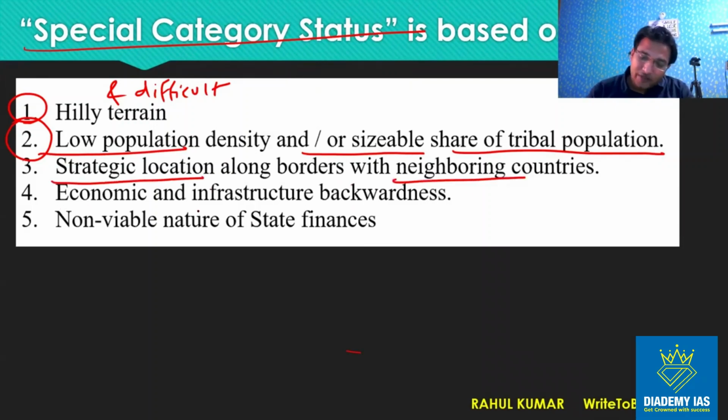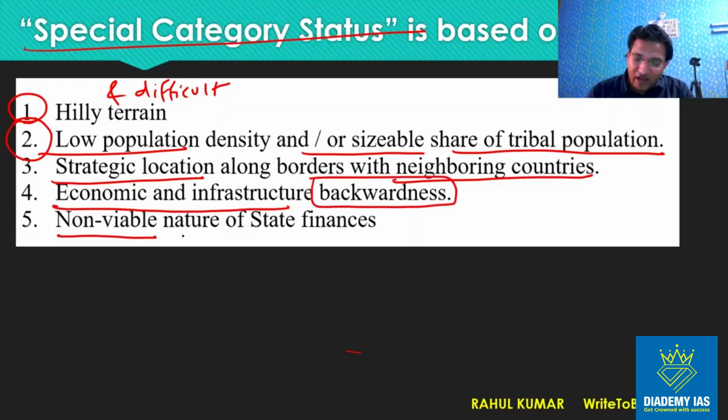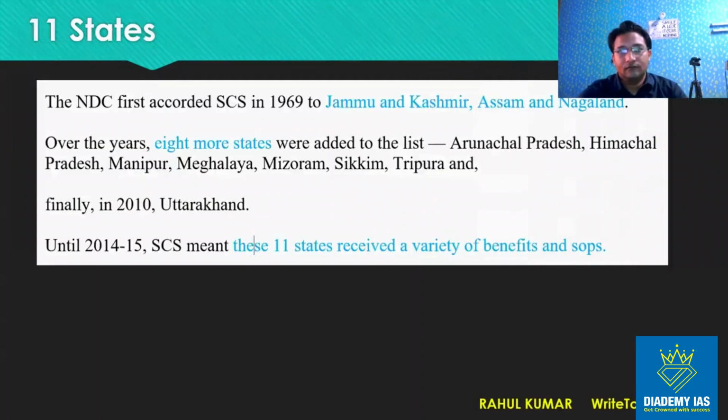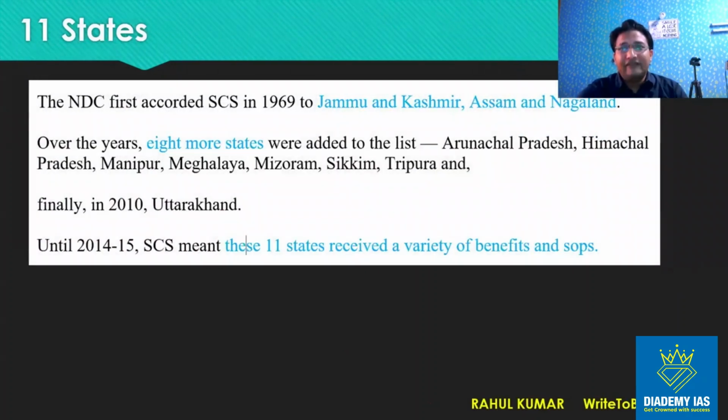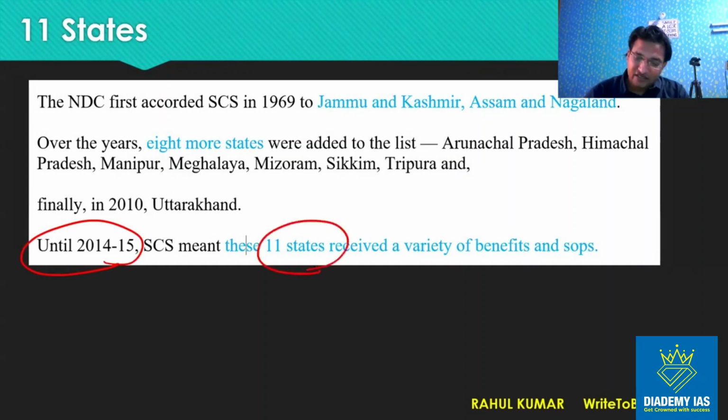Fourth, economic and infrastructure backwardness. And then we have the non-viable nature of state finances, right? So 11 states we have already seen, until 2014, there are 11 states.